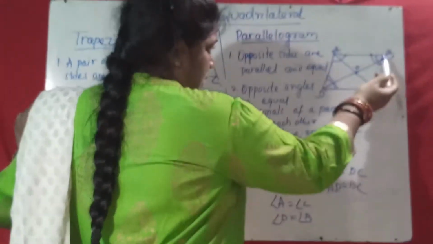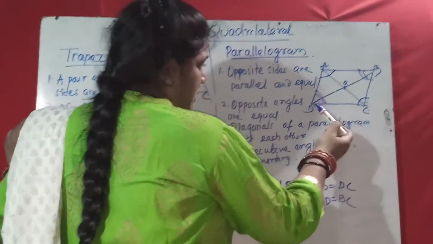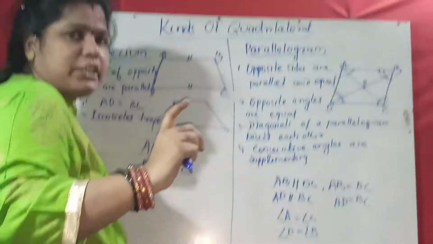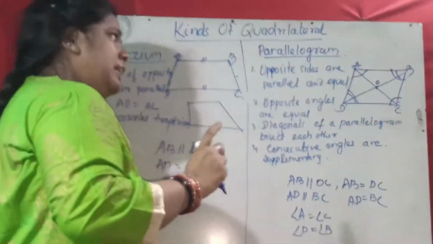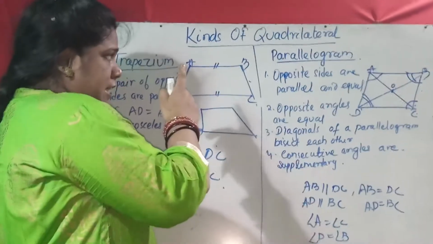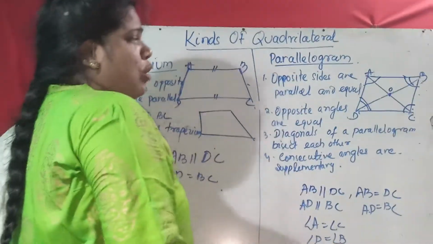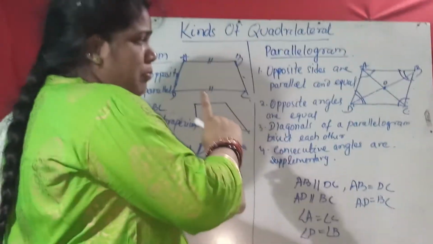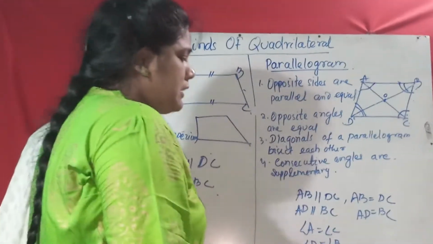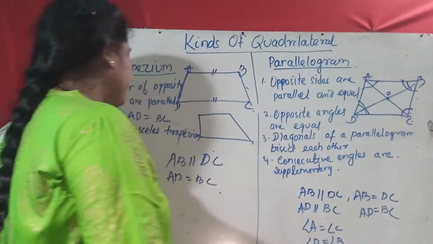A's consecutive is B, B's consecutive is C, C's consecutive is D, D's is A. So consecutive angles are supplementary to each other. Every quadrilateral's four interior angles sum to 360, but in a parallelogram the opposite angles are equal and the sum of two consecutive angles is 180, supplementary to each other.